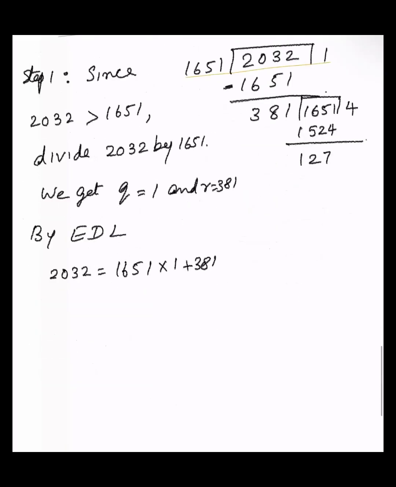Now we have to write about step 2. Write it as and when you do each step. Our previous Euclid's division lemma was step 1.